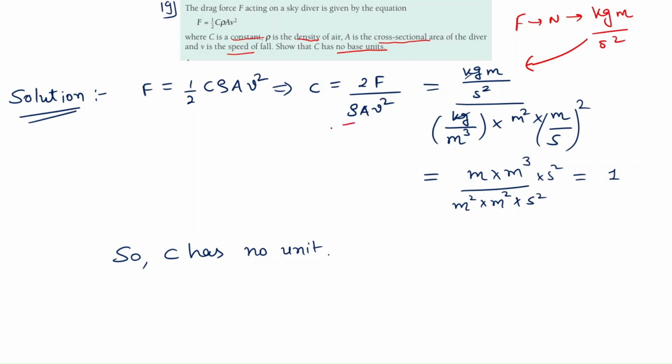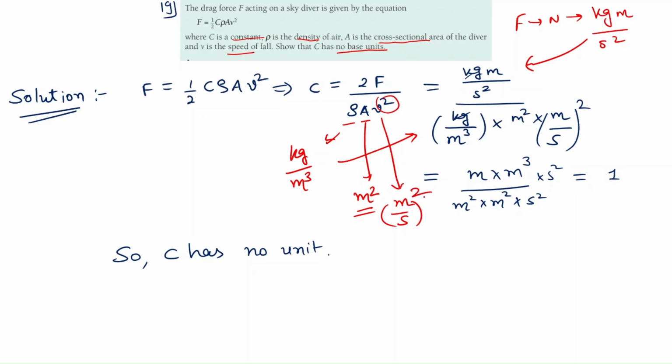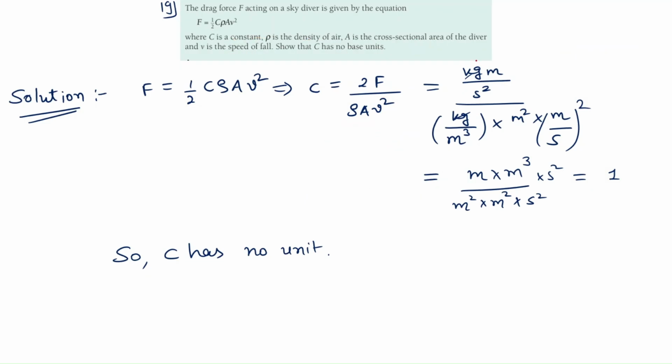Rho means density, which is mass per volume. A means area, which is meter square. And last, V means speed, which is meter per second. Here it has a square, so we have to square it as well and try to simplify it.